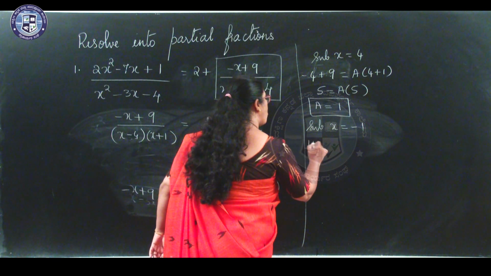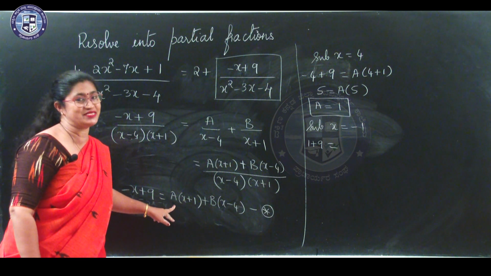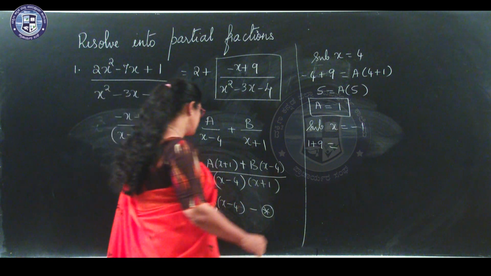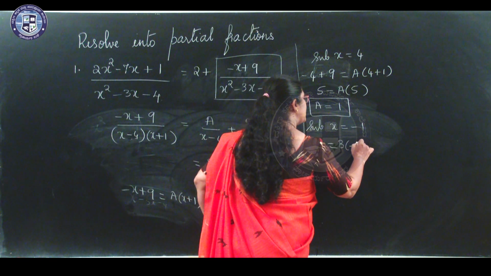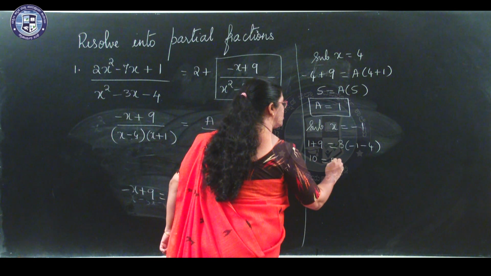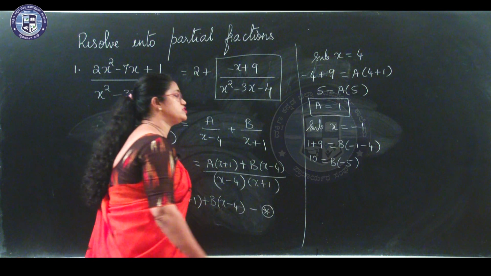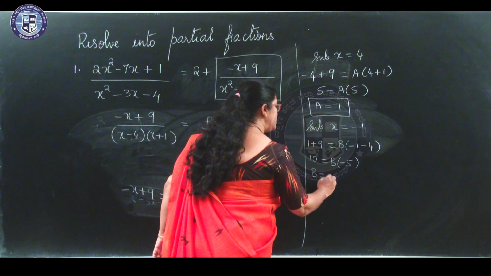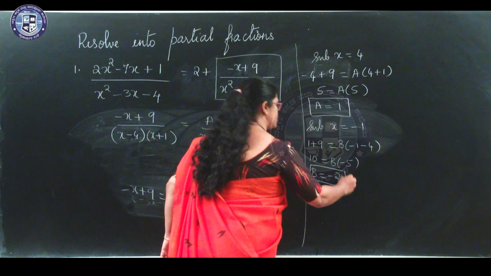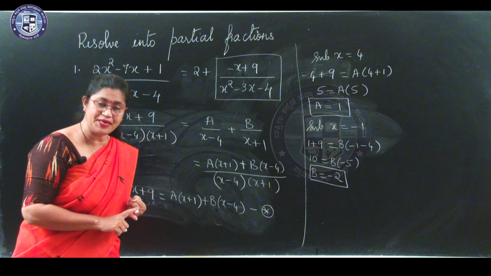So it becomes 1 plus 9 is equal to, this we know becomes 0, gets eliminated. So we are left only with b. So b into minus 1 minus 4. So this is 10 is equal to b into minus 5, and when you simplify you will get b is equal to minus 2. Got the value of a, we got the value of b.